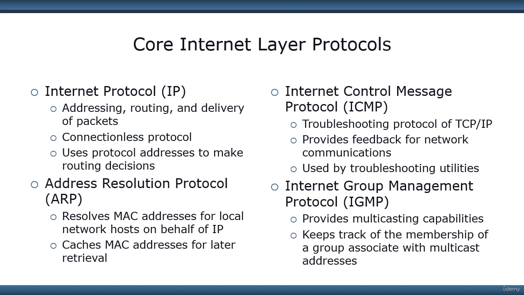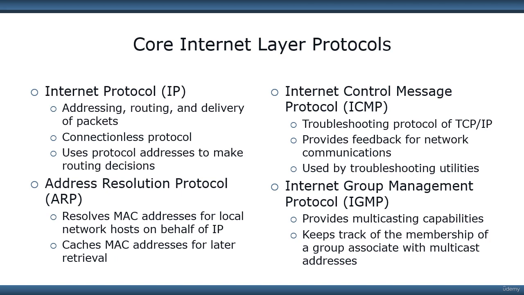ICMP is also used by a lot of troubleshooting utilities. Ping, pathping, tracert, we'll see some of these tools later on in the course if you're not familiar with them already, but they use different types of ICMP messages. But the ICMP protocol supports several types of messages that are really just used to help facilitate and help out IP, being that it's connectionless.